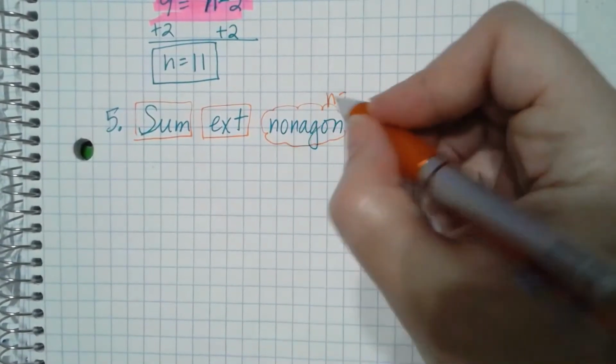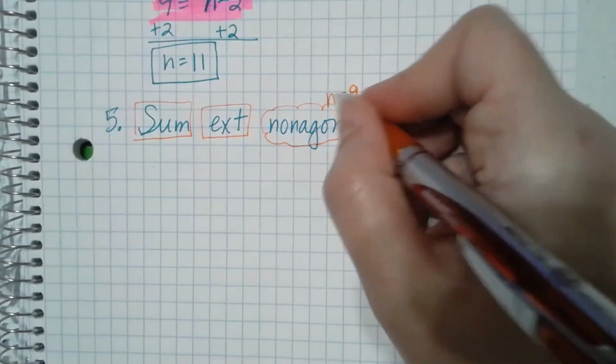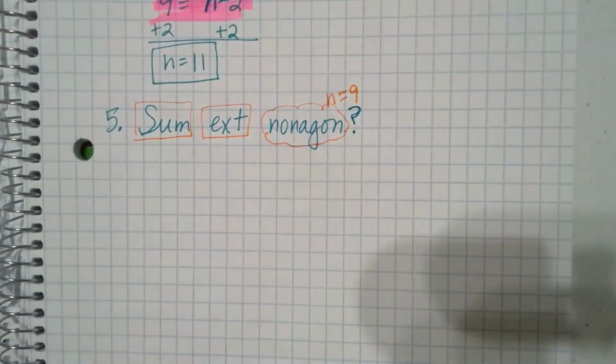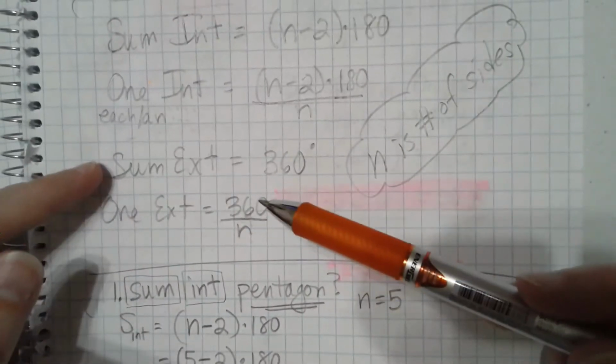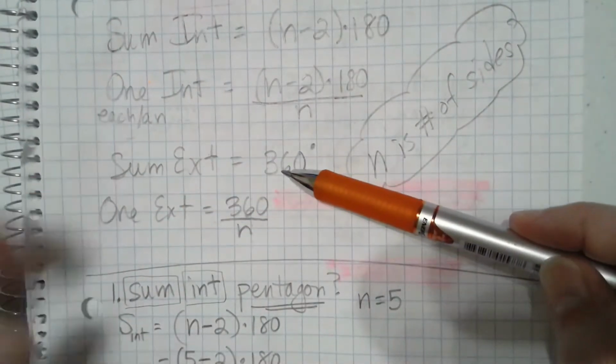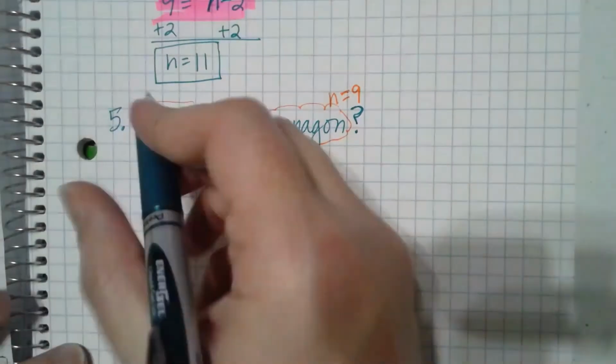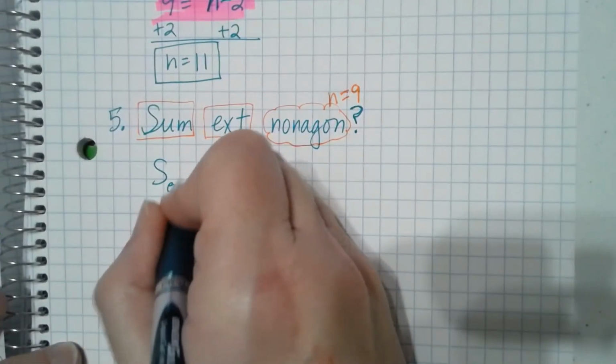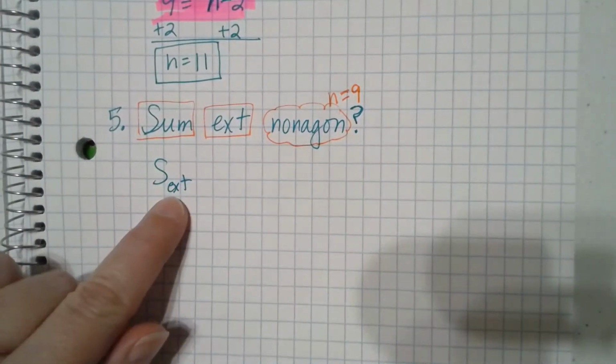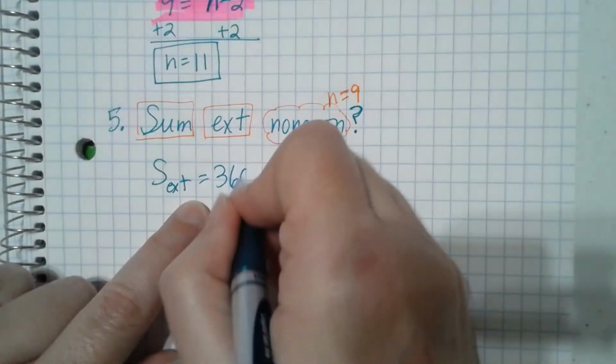Non is 9. Okay, so I'm going to look back at my formula for sum of the exterior. I see sum exterior right here equals 360.